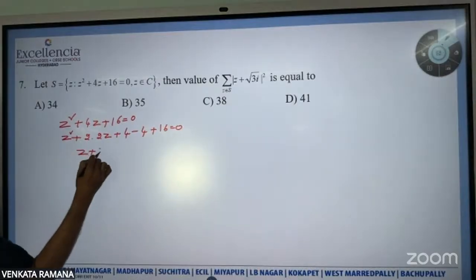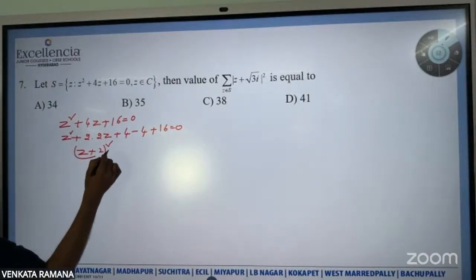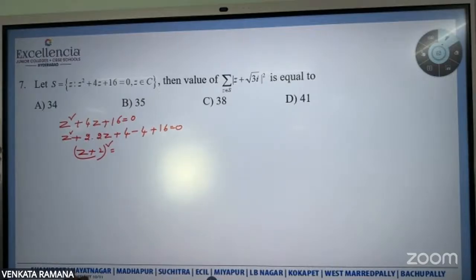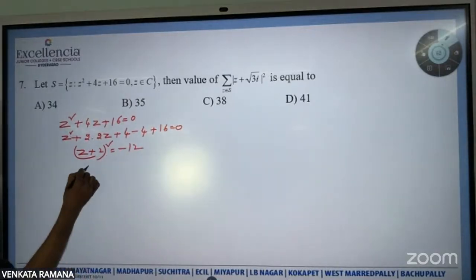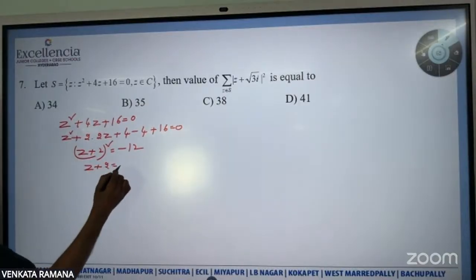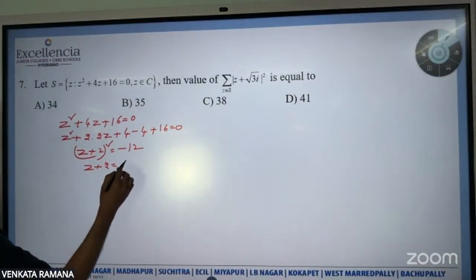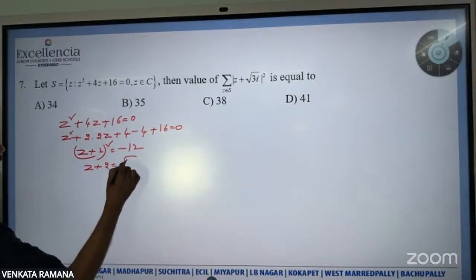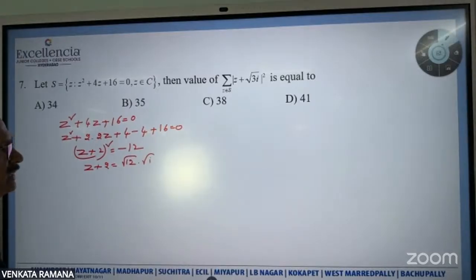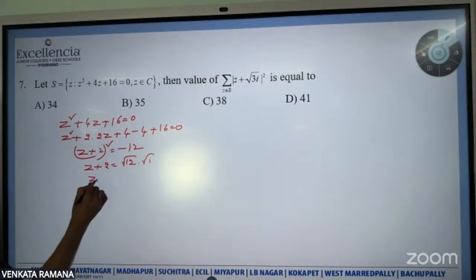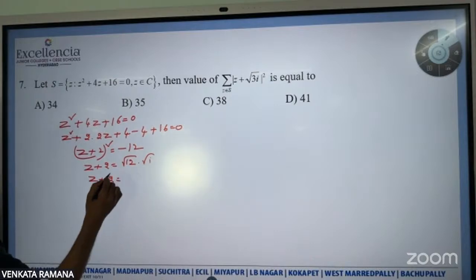That means Z plus 2 whole square equals minus 12. So therefore, Z plus 2 equals plus or minus root 12 times root of minus 1.